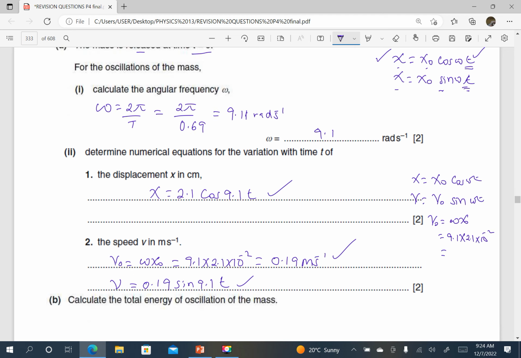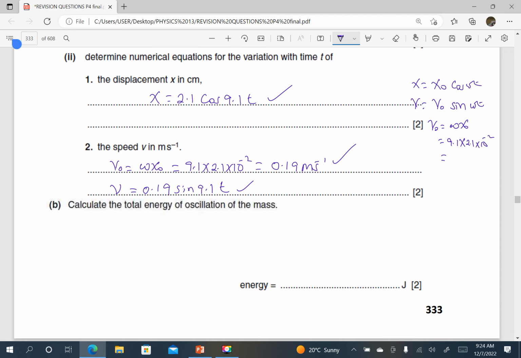Then calculate the total energy of oscillations of the mass. Total energy is the maximum energy, and maximum energy is a constant. We know that maximum energy E max is equal to a half m omega squared x naught squared, all constants. So we just substitute.